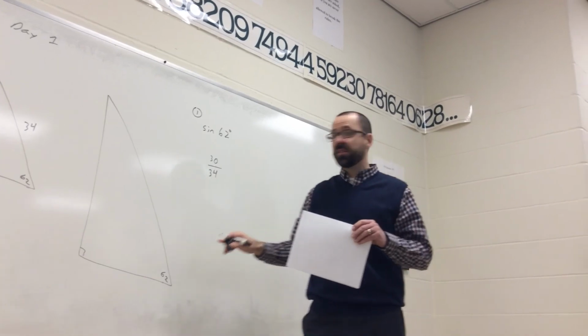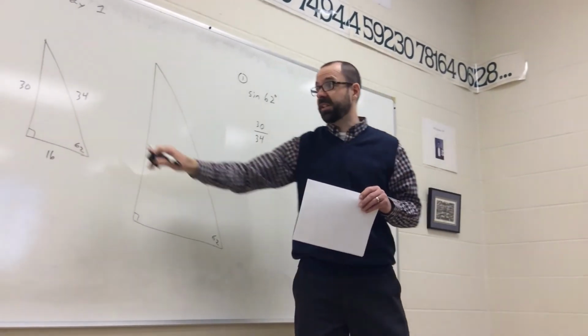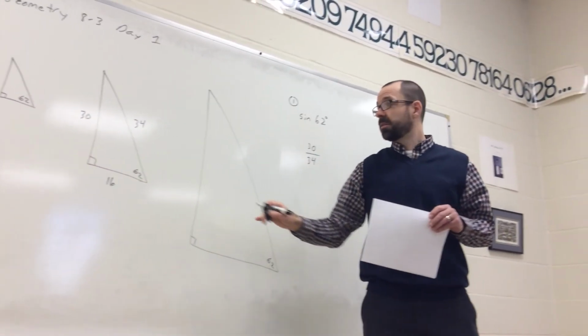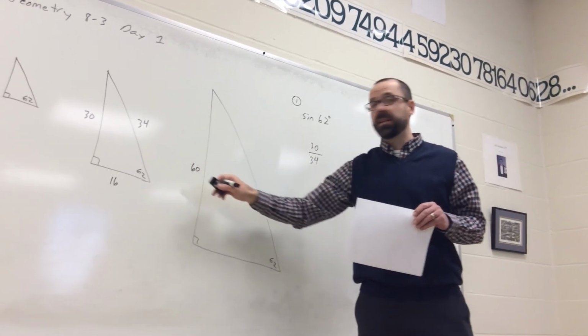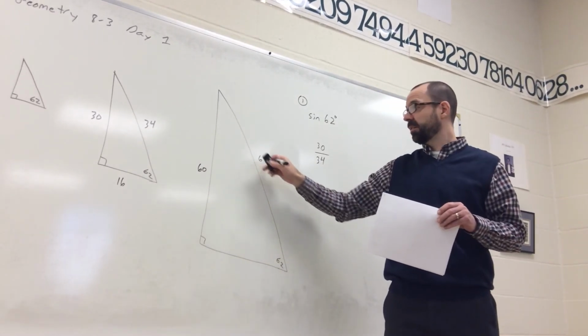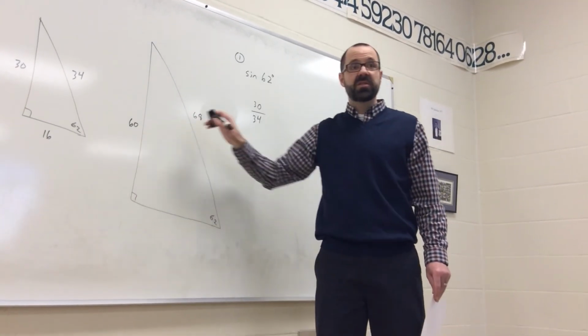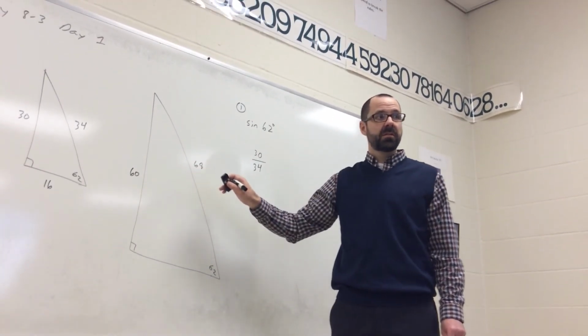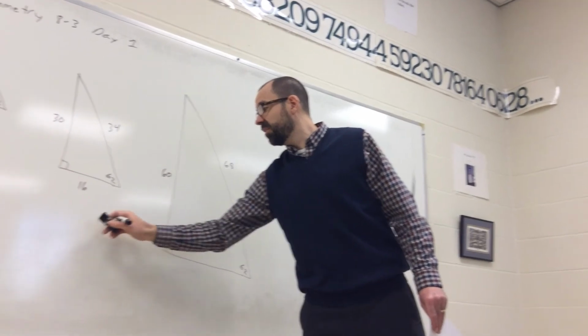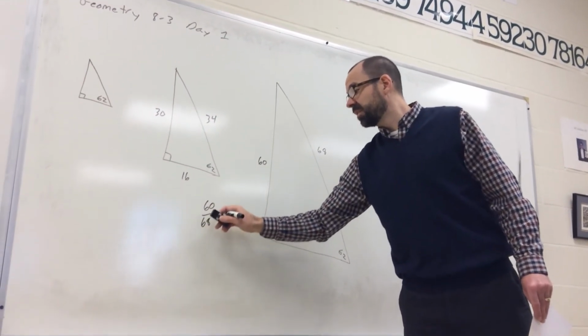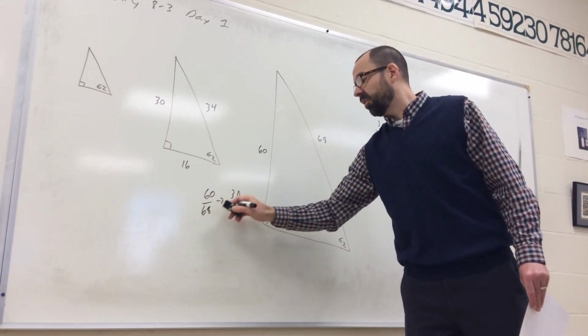Now let's pretend that this triangle is twice as big as this triangle. Then this would be 60 instead, right? And this would be 68. So in that case, the sine would be 60 over 68. But 60 over 68 reduces to 30 over 34.